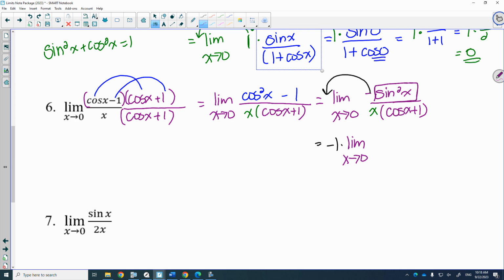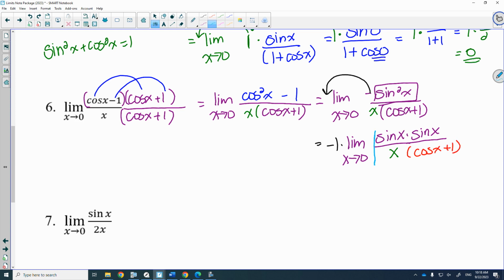Let's rewrite sine squared of x as sine of x times sine of x, all over x, and then we had cosine of x plus 1.